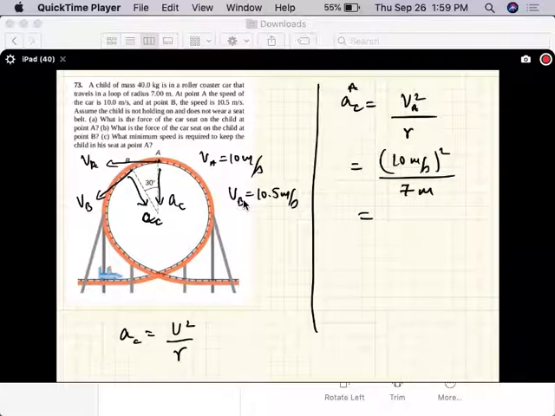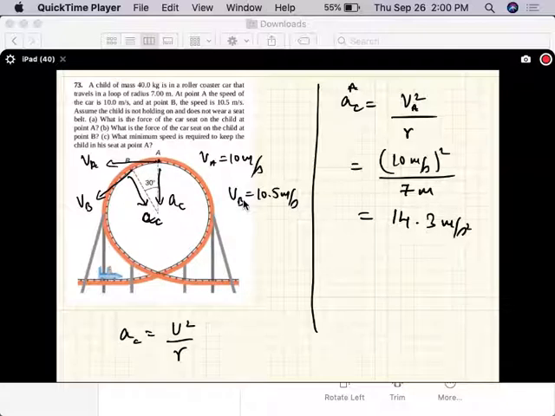And you can see that it's greater than g: 14.3 meters per second squared. Since the centripetal acceleration is greater than what gravity can provide, the track needs to push down on the child. This also ensures that the child will stay on the track.